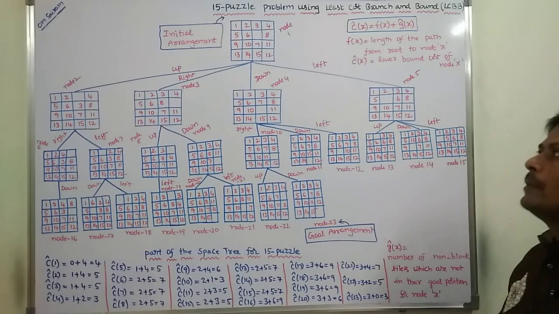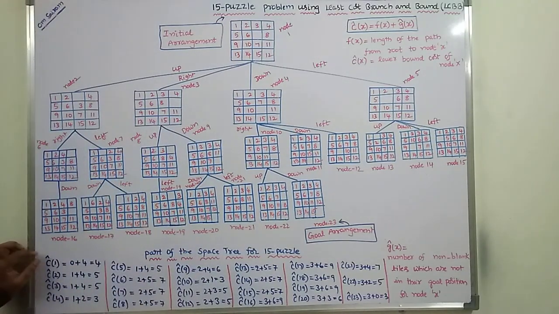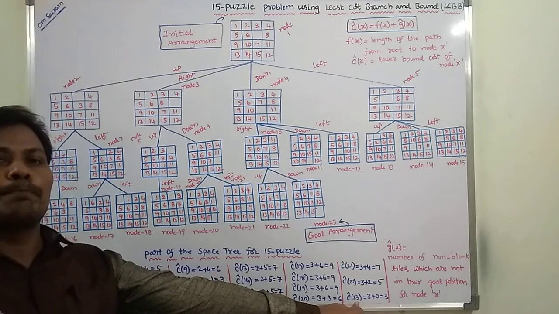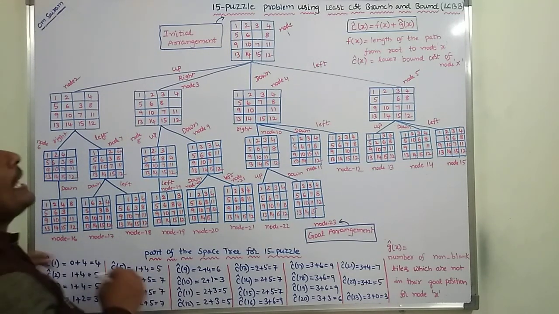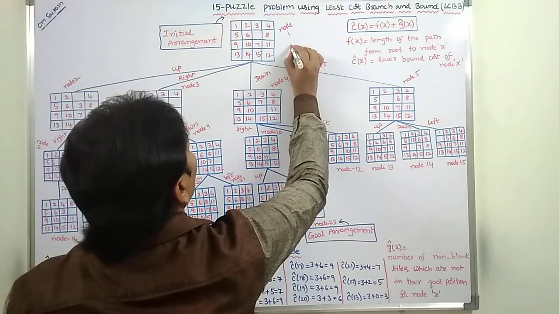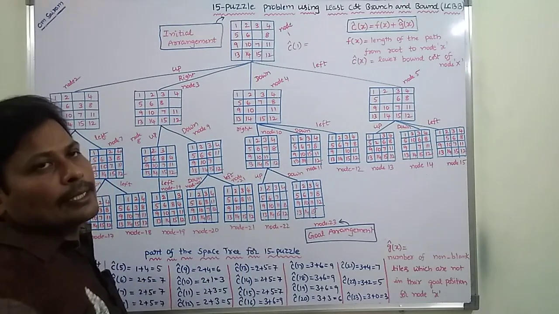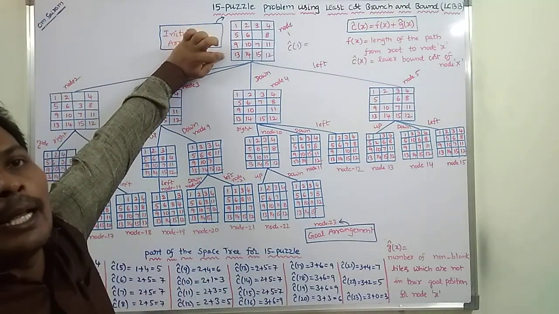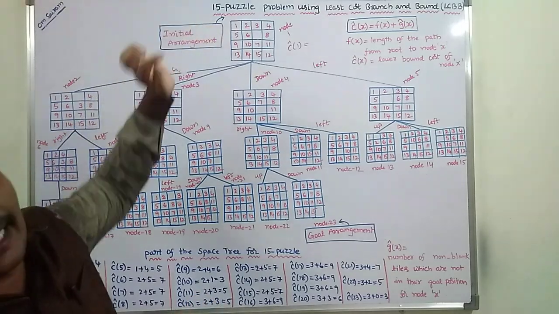Now, how are we calculating these costs? C cap of 1, c cap of 2, up to c cap of 23. First one, c cap of 1. C cap of 1 is equal to f of x plus g cap of x.